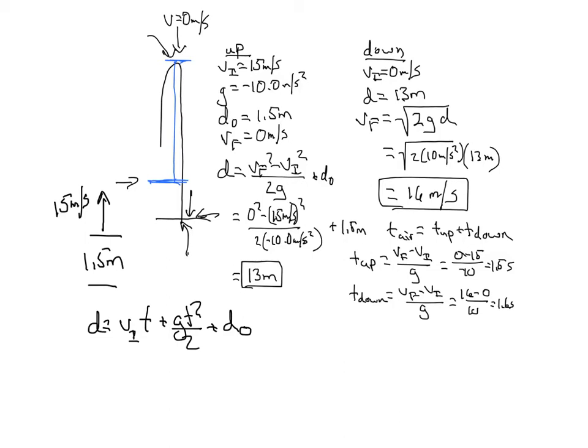This is the height of the ball, or D, based solely on time, because we know the initial velocity of the ball and we know the initial position. So what this is really doing is giving me an equation that solves for how high something is, that D, based strictly on how long the ball's been in the air for, or T.